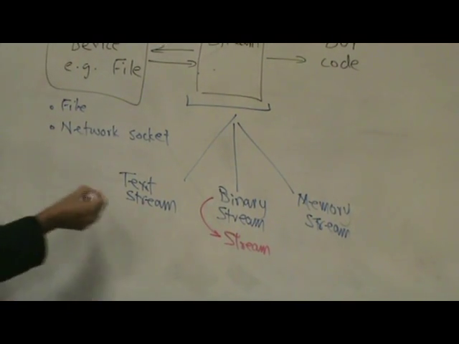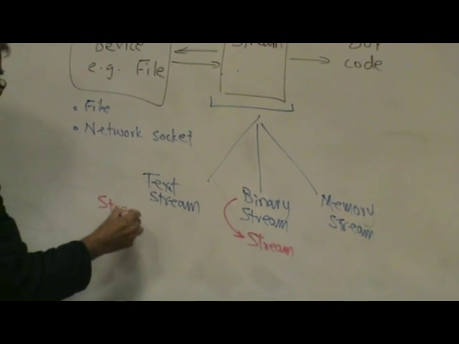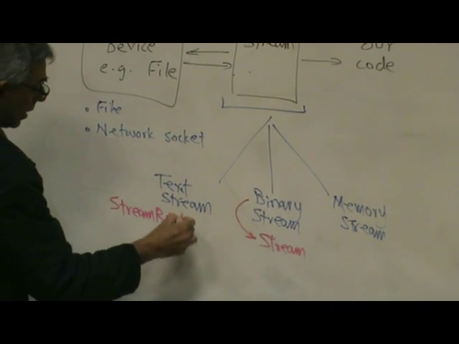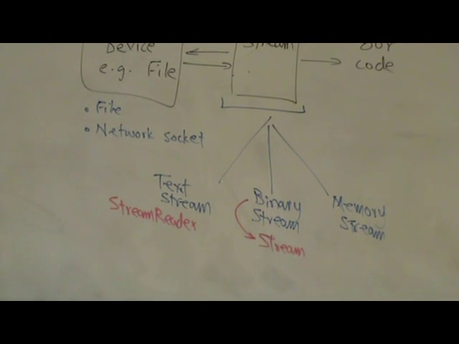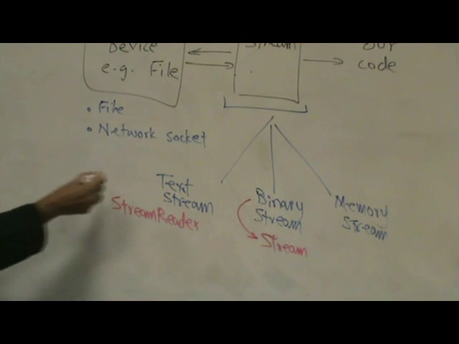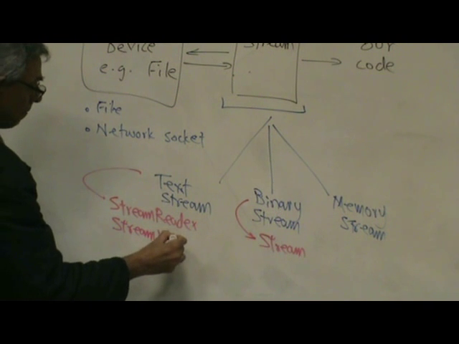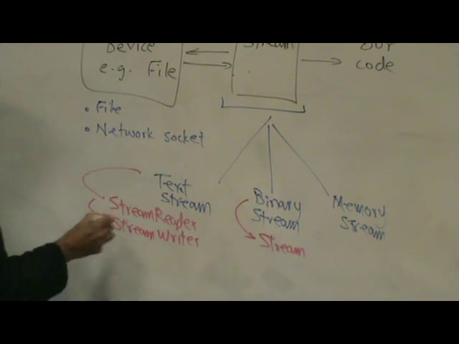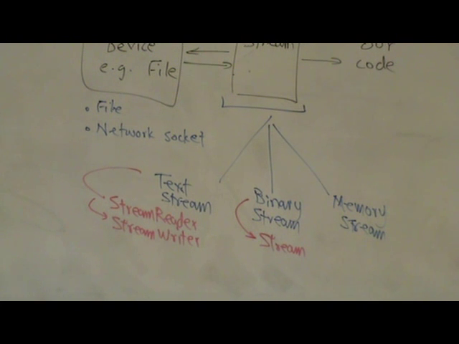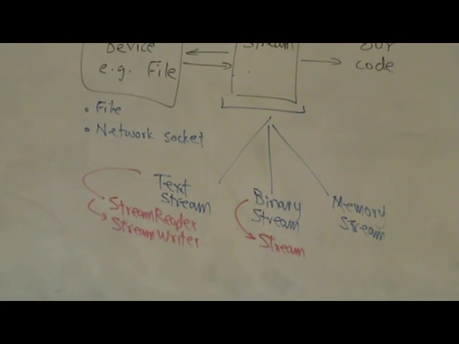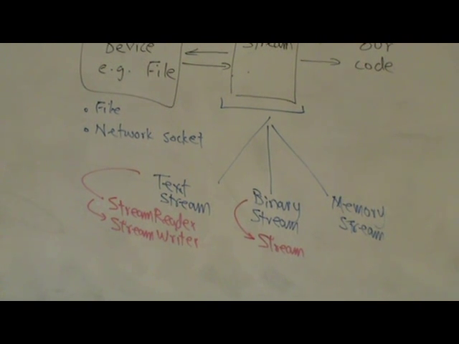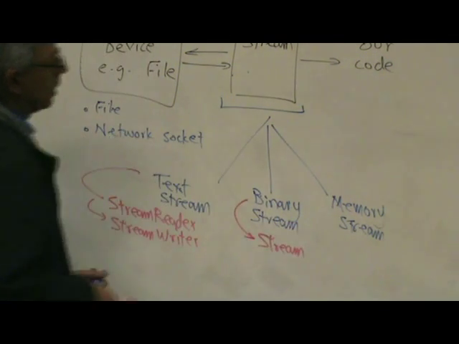If you use a class called stream reader, this will allow you to read data from a text file, so this is a text type of stream. If you use a class called stream writer, it will allow you to write to a file. So for text reading and writing, you will use stream reader and stream writer. For binary reading and writing, you will use just the stream object. Memory stream we'll cover a little bit later.